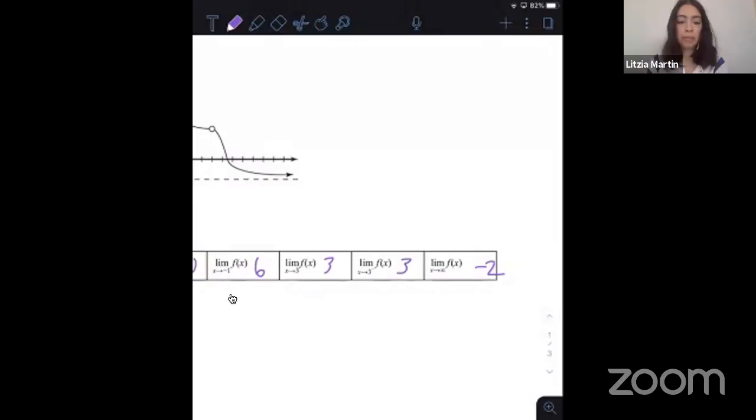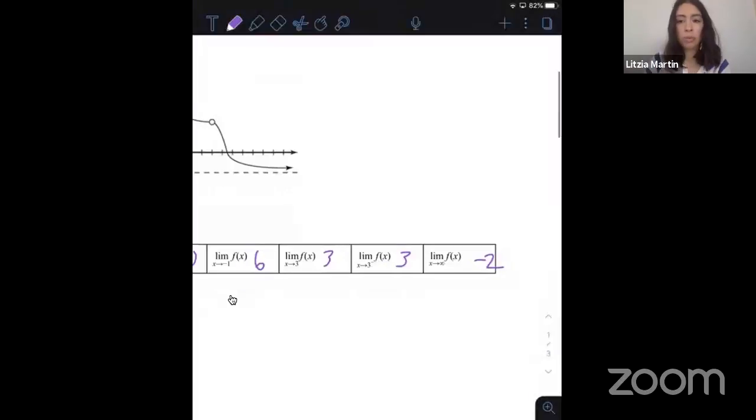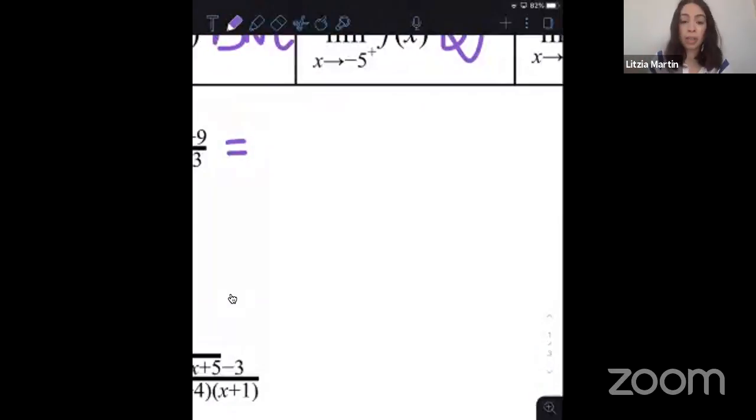Then we have our limits algebraically. So remember the first step, direct substitution. Plug it in, see if it works. When I plug in 3, I get a 0 in the denominator here, so I can't do that as my first step. I need to use one of my limit rules. One rule is that we can factor.